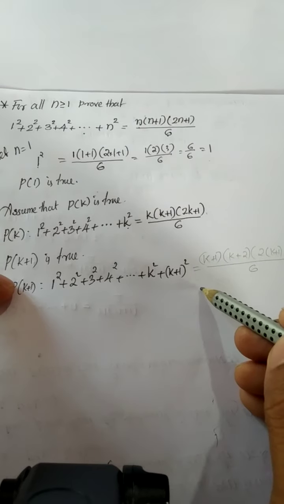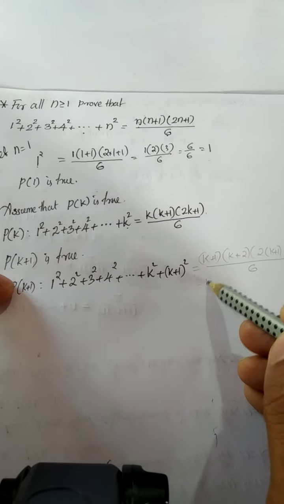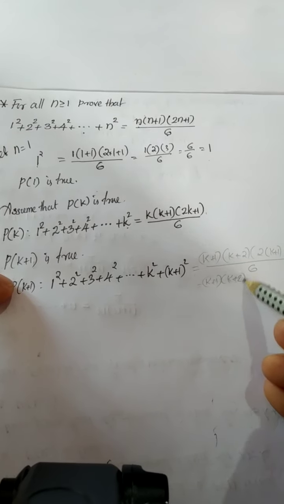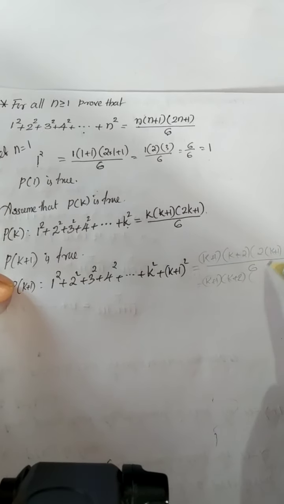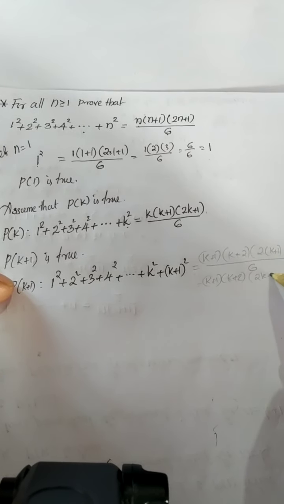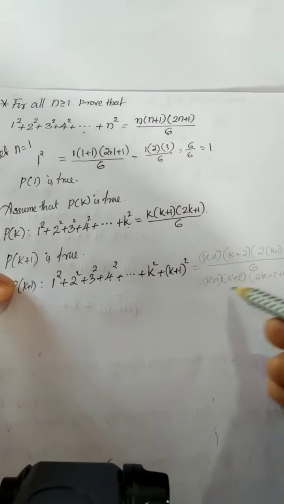So we want to prove that it is k plus 1 into k plus 2 into 2k plus 2 plus 1 divided by 6.